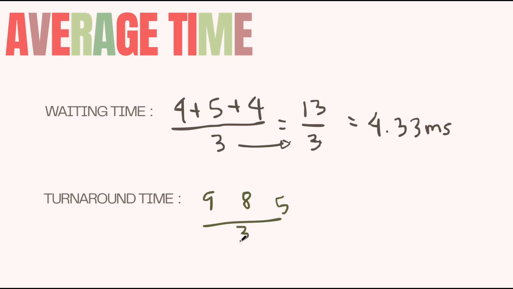So 9 plus 8 plus 5 equals 22. Divided by 3, 22 divided by 3 equals 7.33 ms.